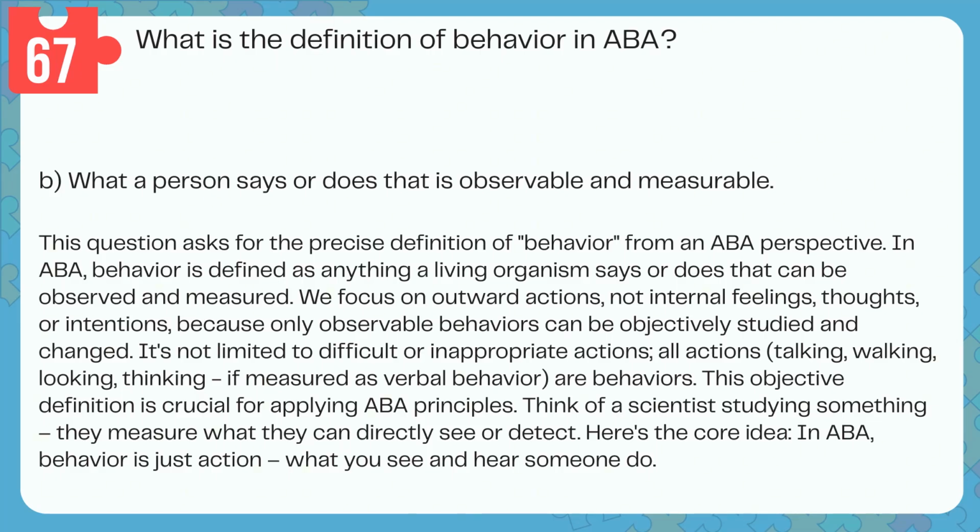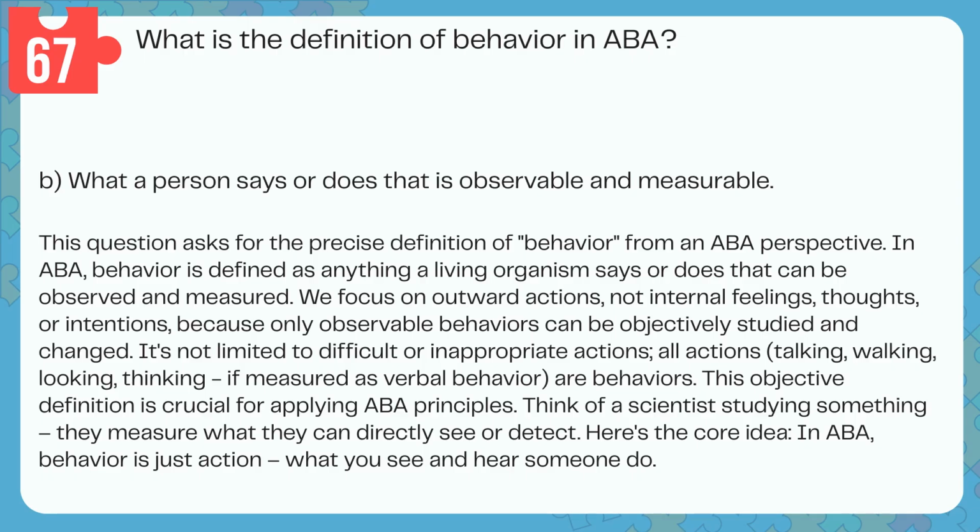This question asks for the precise definition of behavior from an ABA perspective. In ABA, behavior is defined as anything a living organism says or does that can be observed and measured. We focus on outward actions, not internal feelings, thoughts, or intentions, because only observable behaviors can be objectively studied and changed. It's not limited to difficult or inappropriate actions.